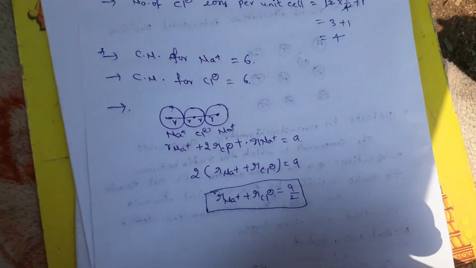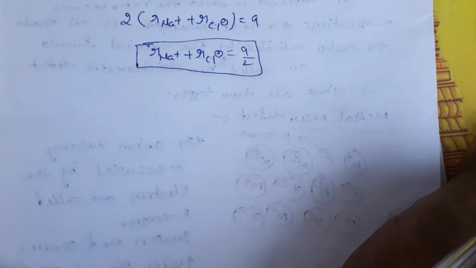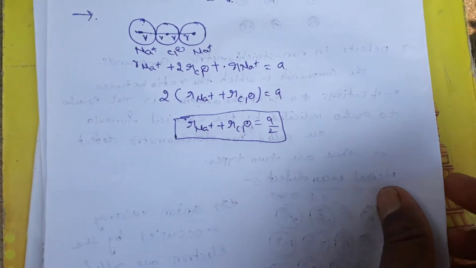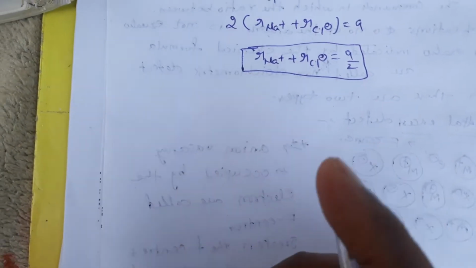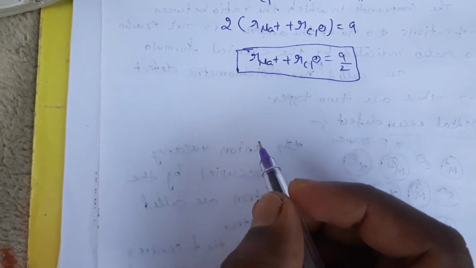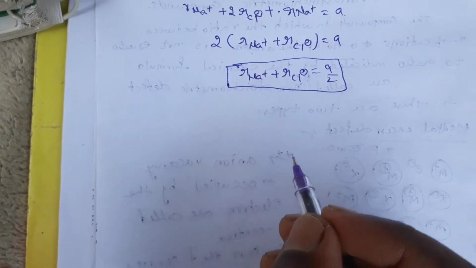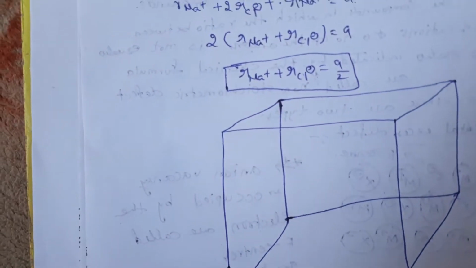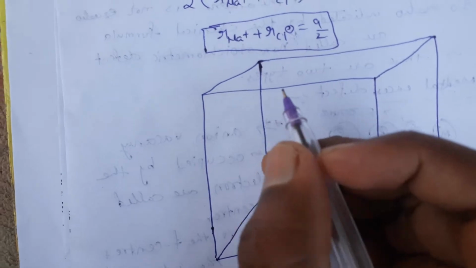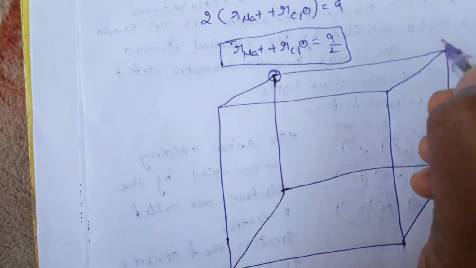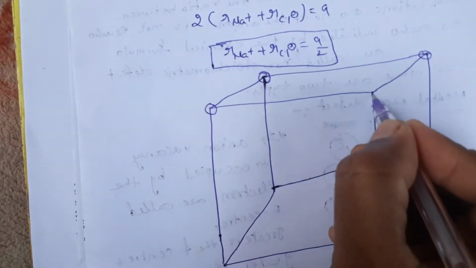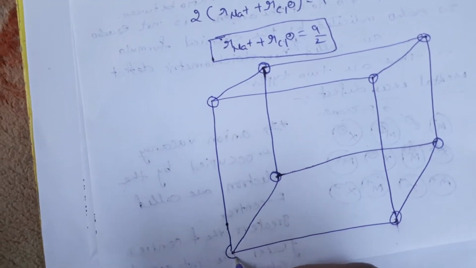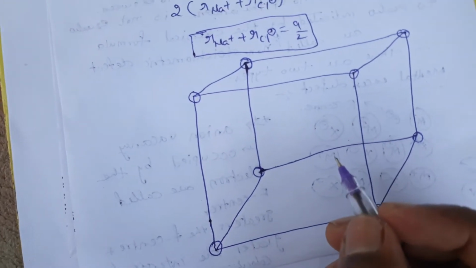So first if you draw the structure of this sodium chloride, this will give you a clear idea how many atoms are there and how many molecules are there. So first you take the corners, draw the cube. So if this is the cubical structure, how many atoms are present here? 1, 2, 3, 4, 5, 6, 7, 8 atoms are there, and it is face centered.